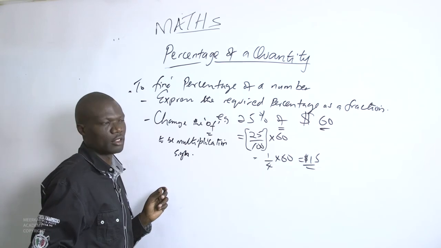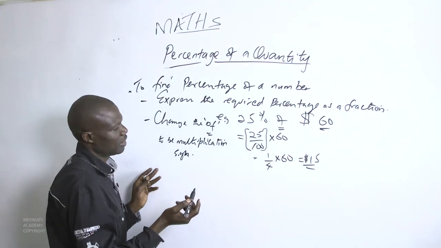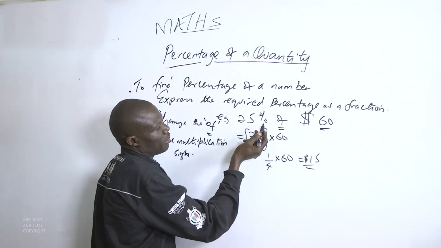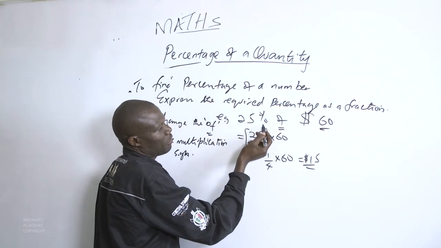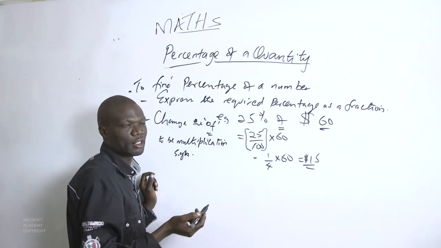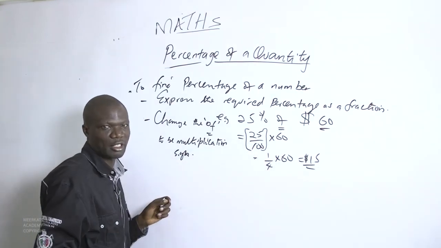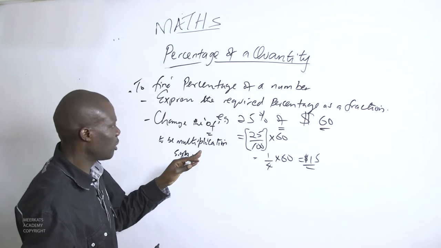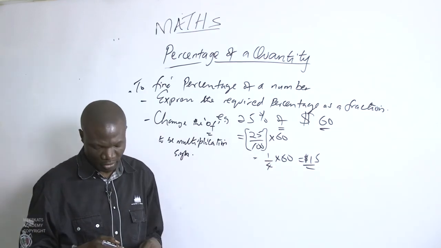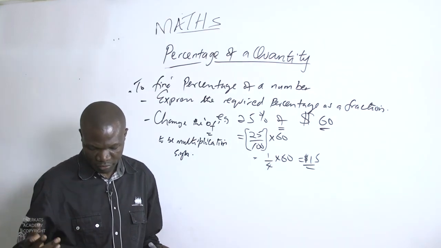So we have moved from saying 25% of 60 to having 25% times 60. The multiplication sign has replaced the word "of".